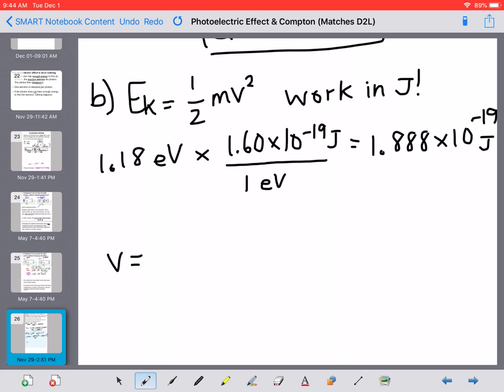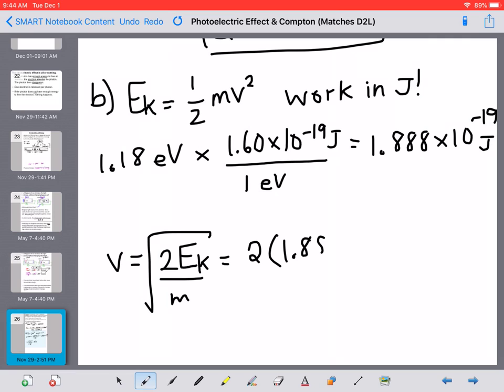Now we can actually calculate the speed. Rearranging the kinetic energy formula for speed, we get the square root of 2EK over m. So we're going to have 2 times 1.888 times 10 to the negative 19 joules over the mass.